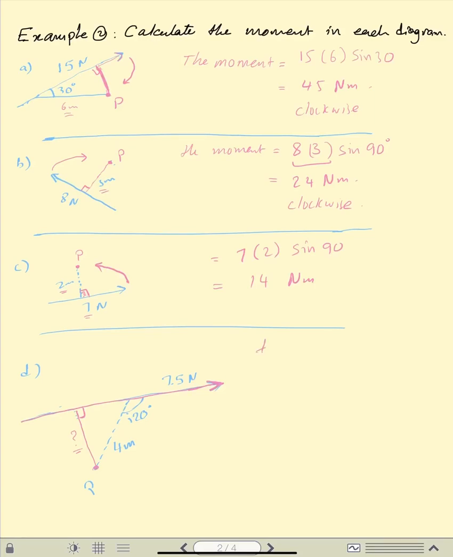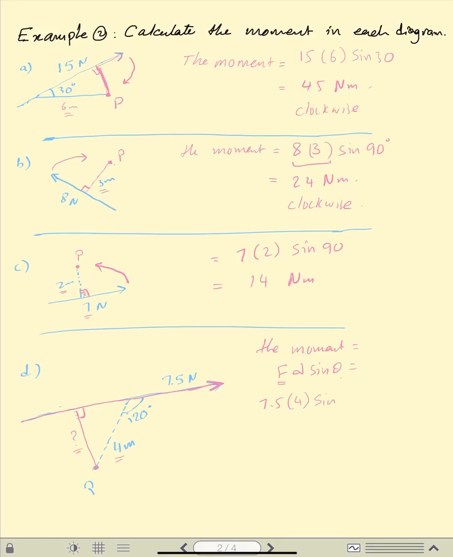So when you write the moment that he wants, it is equal to FD sine theta. F is given, which is 7.5 newtons. D sine theta we don't know yet, but we are given the distance between them is 4, yes? So 4 sine theta.